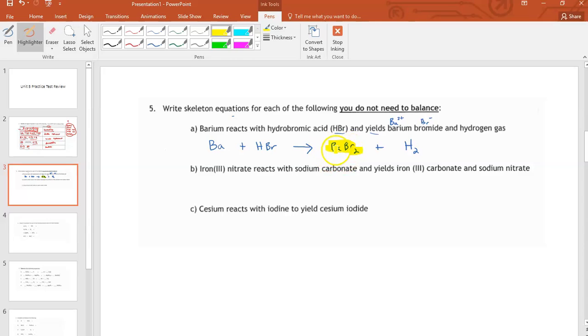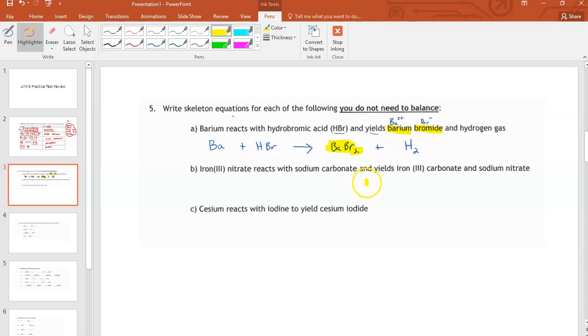Okay, so again, if you are somebody who doesn't quite understand why I put that 2 there, what made me decide to write BaBr2 instead of Ba2Br or BaBr, right? Why did I write it like that? Now, that is a Unit 4 topic. So last unit, we talked about how to write formulas for ionic compounds. We know it's ionic because barium's a metal and bromine's a nonmetal. Whenever metals combine with a nonmetal, we use the charges to identify that formula.